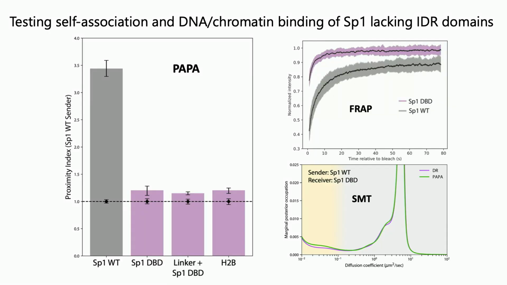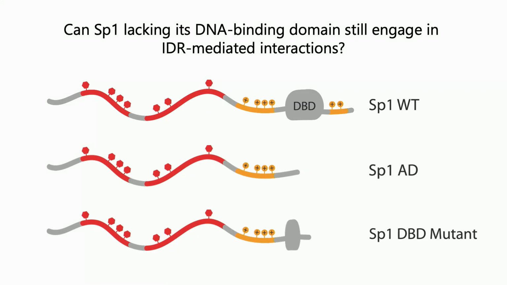So at the same time, Abrar decided to do the reverse experiment where he now expresses the low complexity domain alone, since the DNA binding domain is not sufficient in cells to bind to chromatin. What about the activation domain, the low complexity domain alone? And he did two constructs here.